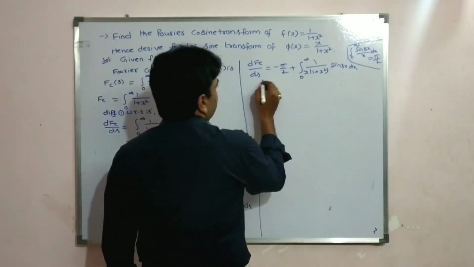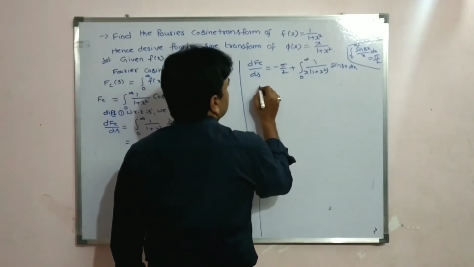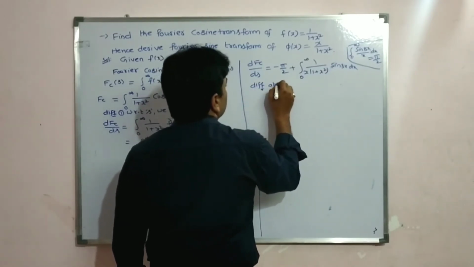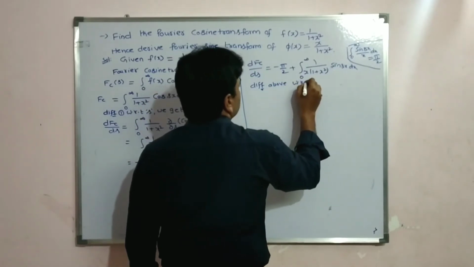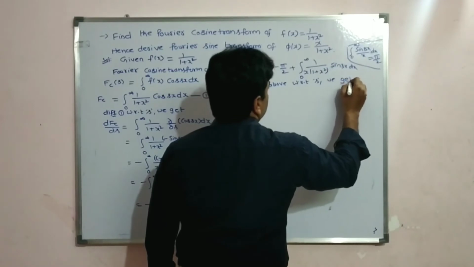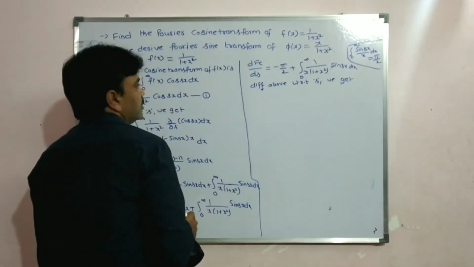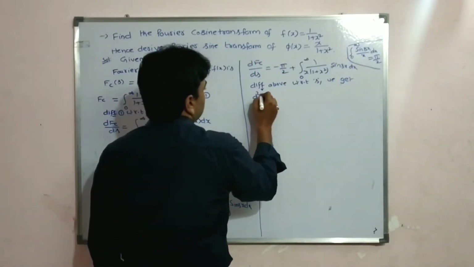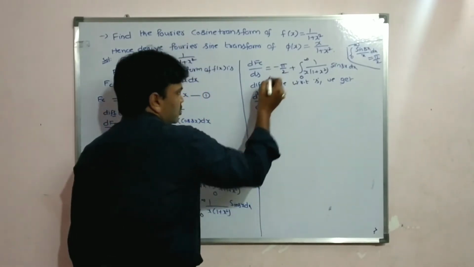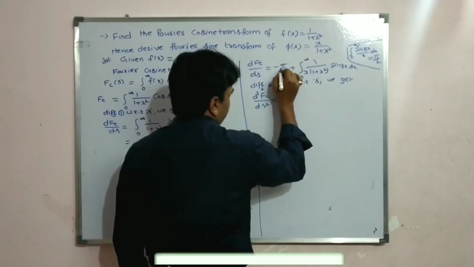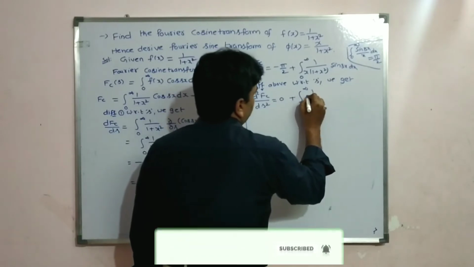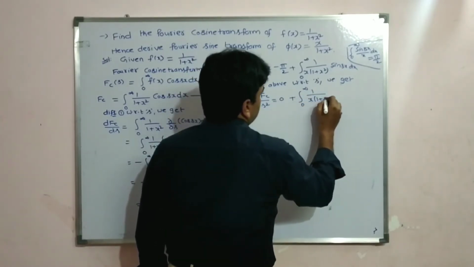Now differentiate the above with respect to s, and we get d square fc by ds square equal to a constant, and the derivative of a constant is 0. So 0 plus integral 0 to infinity 1 by x into 1 plus x square.